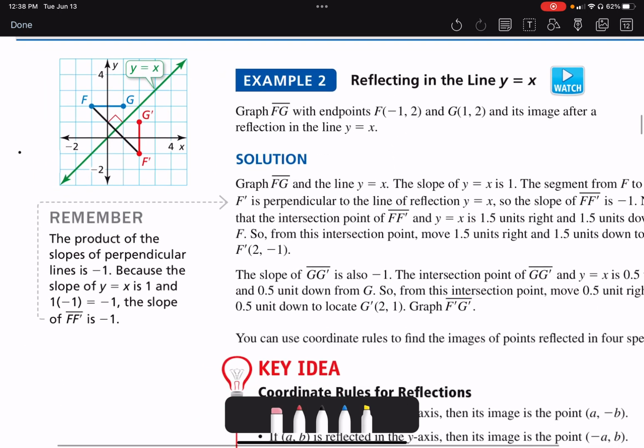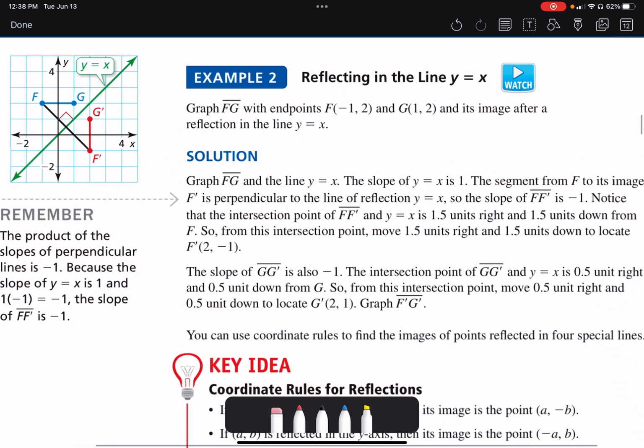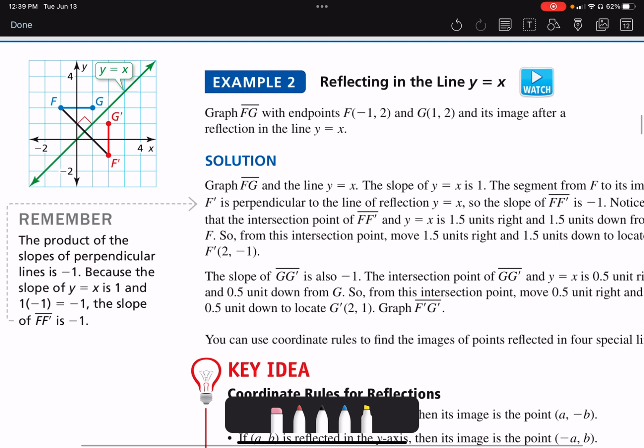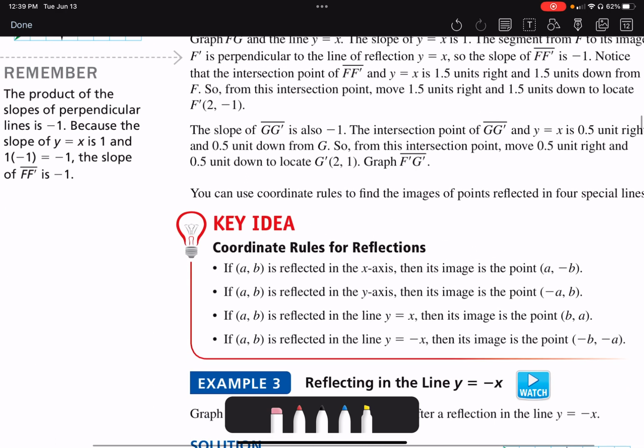The easiest way to deal with y equals x and y equals negative x, if that still trips you up, are these coordinate rules for reflection. It would make things easier if you memorize these coordinate rules for y equals x and y equals negative x, and then you automatically know how to change your coordinates.